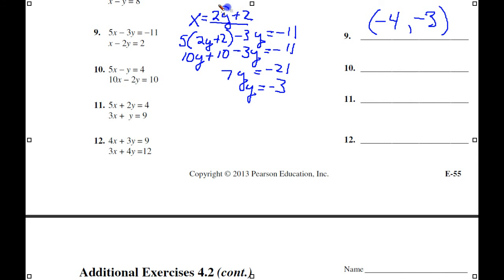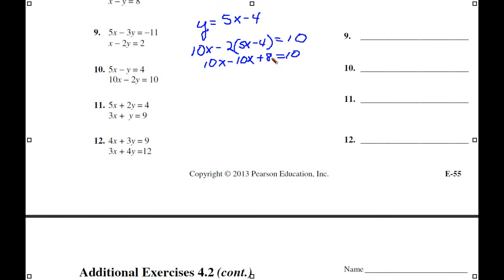We then put this in that other equation where x is. Clear parentheses, group like terms, transpose. We get 7y equals negative 21. Divide both sides by 7, y equals negative 3. If y equals negative 3, 2 times negative 3 is negative 6 plus 2 gives us negative 4.